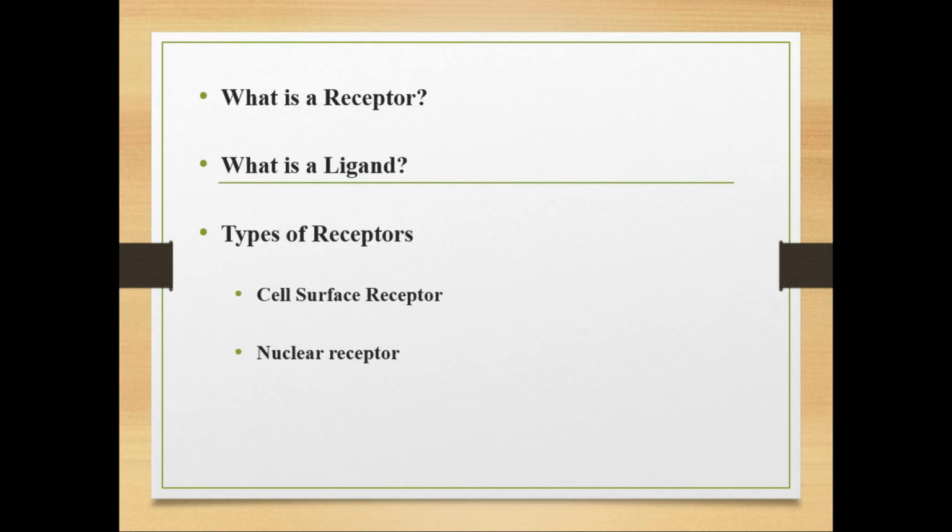When any of these ligands bind to their corresponding receptor, a conformational change is triggered, which initiates an intracellular signaling pathway. Note that each ligand has its own specific cell surface receptor.